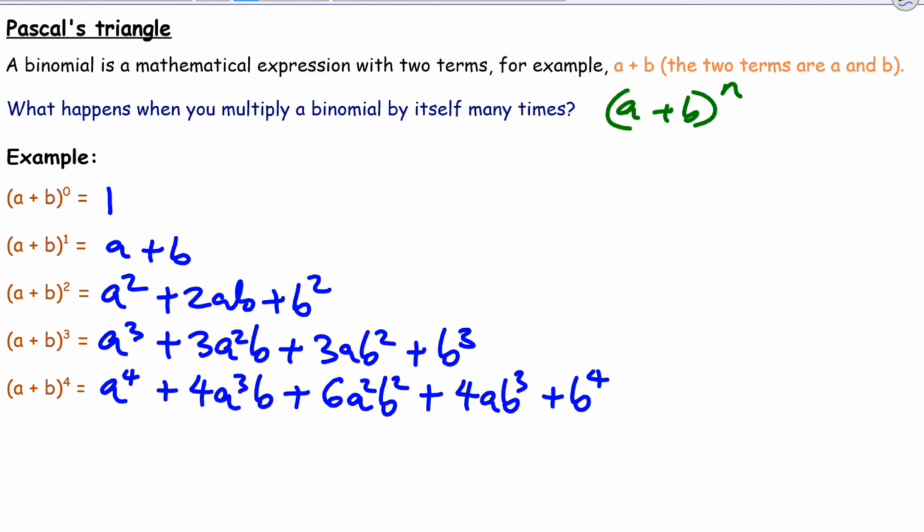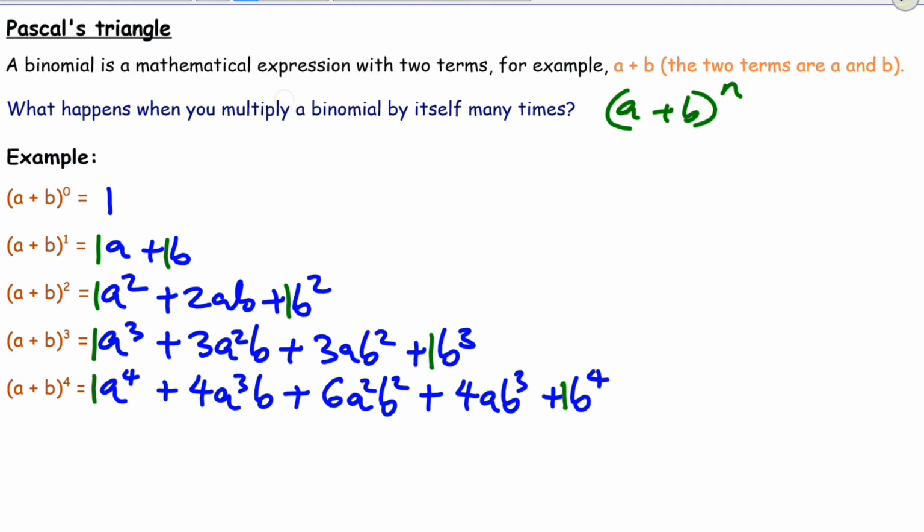Now we can notice a couple of things here. Let's try to focus on the coefficients. Here the coefficients are just 1 and 1, and here the coefficients will be 1 and 1 as well. So you have 1, 2, and 1. And here the coefficients will be 1, 3, 3, and 1. And here the coefficients will be 1, 4, 6, 4, and 1.